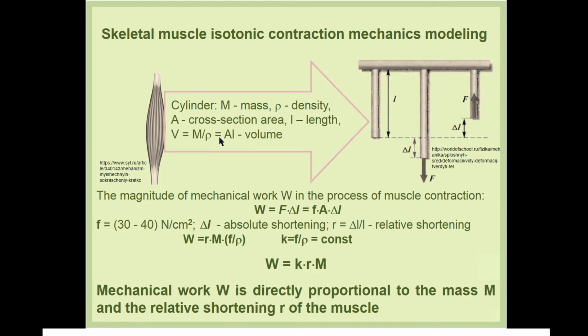And when we talk about a cylinder, this volume may be calculated as the cross-section area times the length of the cylinder. So now, what do we do? We develop the geometrical model of the skeletal muscle, and then look, this is the free end.